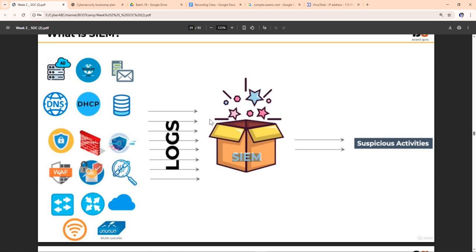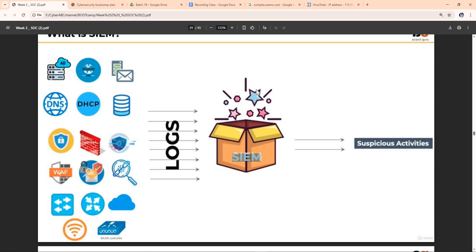A correlation rule might be something like: if there is a failed login attempt 10 times in a minute by a user, then there must be something going on. You see that someone wants to guess someone's password. So those kinds of rules.